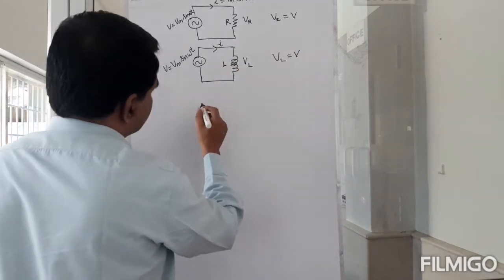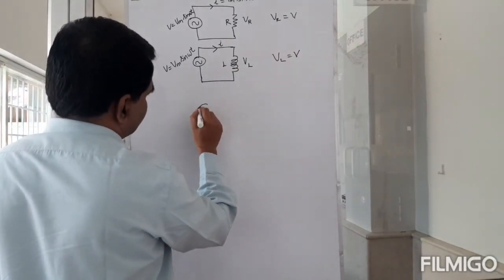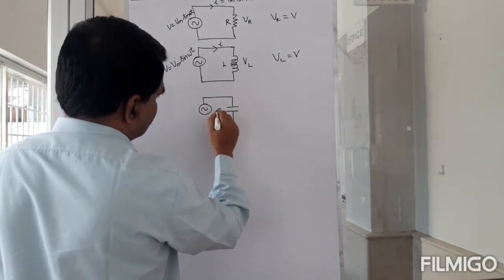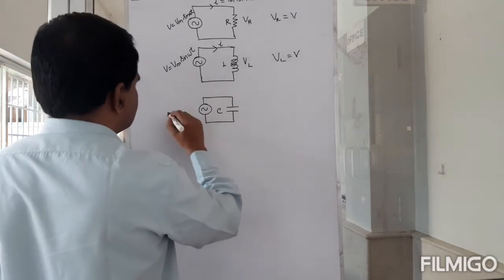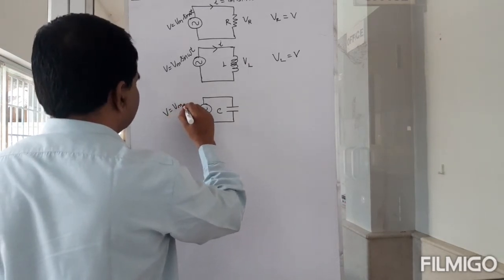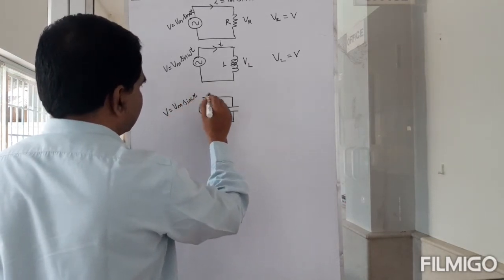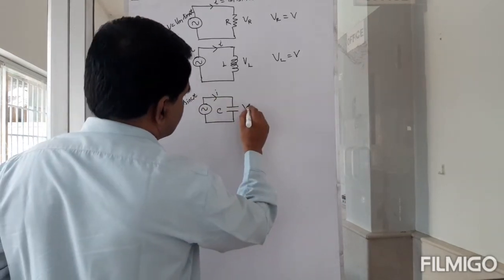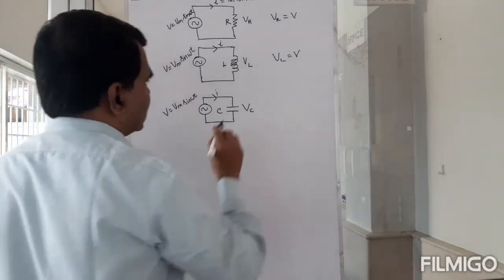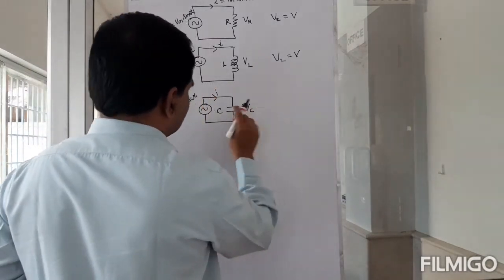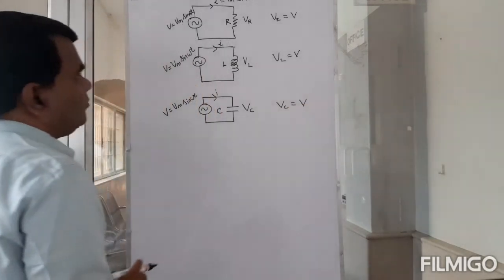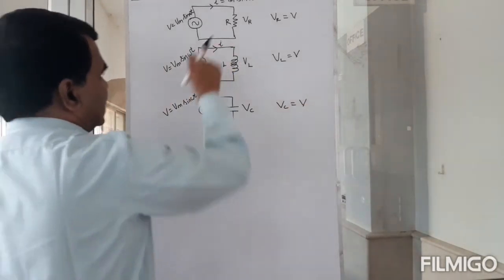And the third circuit was this capacitor circuit. I had a capacitor here, that is C. The same V equal to Vm sine omega t is applied, and I is here, and then this is called Vc. Then here also Vc must be equal to V. What happened to the current here?